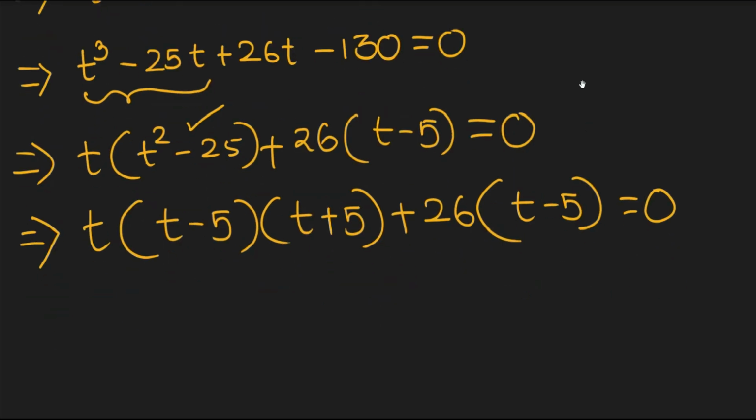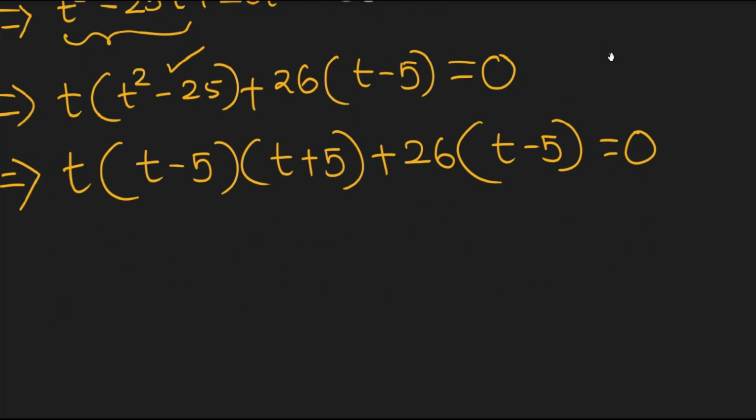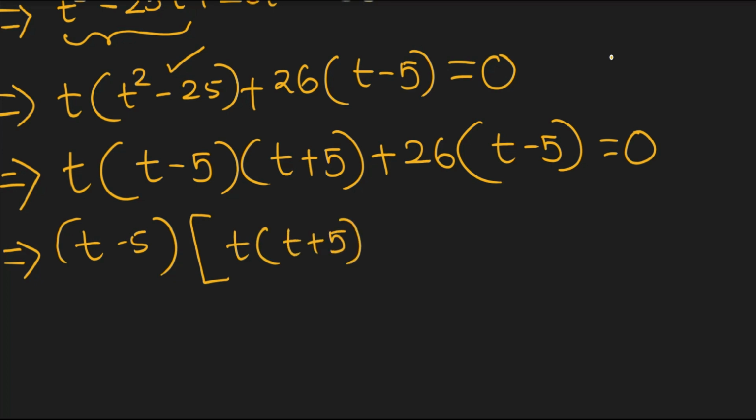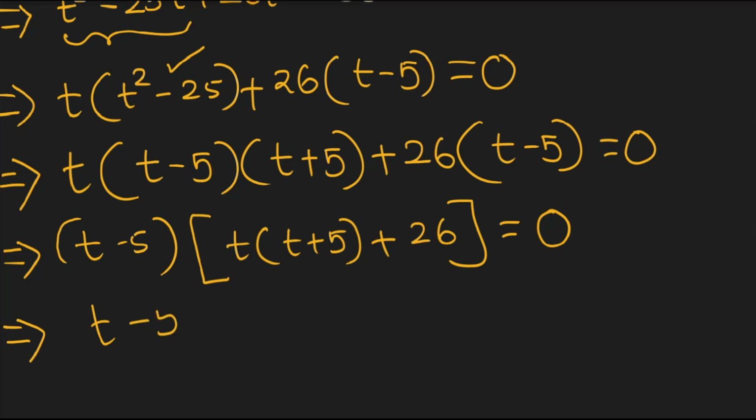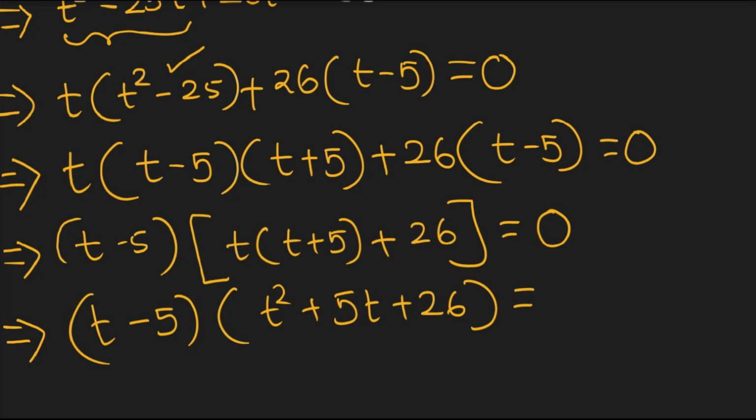From these two terms we can take t minus 5 common, so we write t minus 5 multiplied with t plus 5 plus 26, which is t minus 5 multiplied with t square plus 5t plus 26, equal to 0.